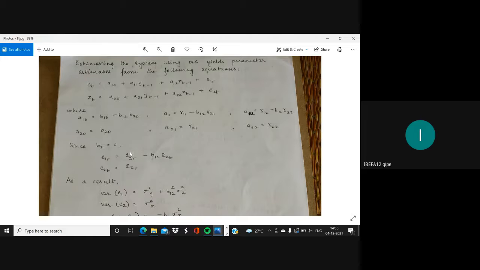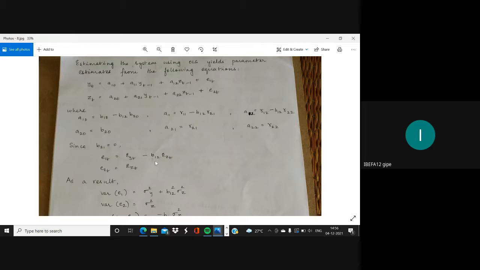So this epsilon yt shock is going to affect only yt. Now, if you look at epsilon zt, since it appears in both equations through these regression residuals, if there's a unit change in epsilon zt, it's going to affect yt as well as zt.